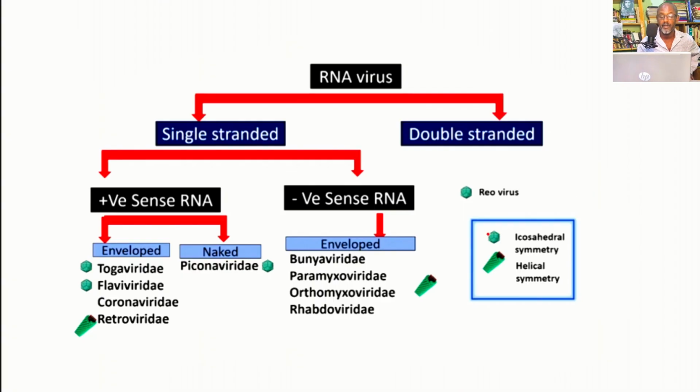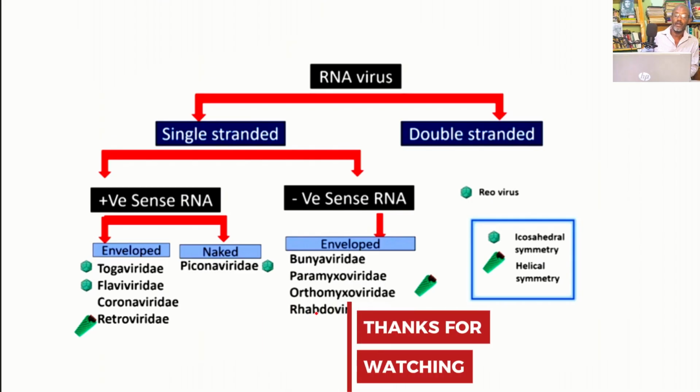For example, the sphere represents icosahedral symmetry, and the rod shape is helical symmetry. Therefore, you can see this is helical, this is helical, and this is icosahedral. Therefore, read it.